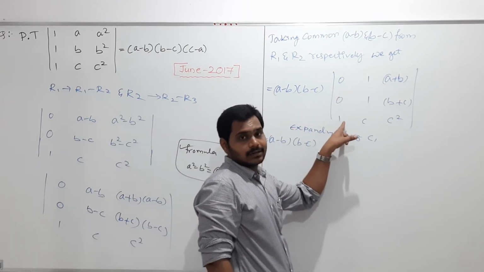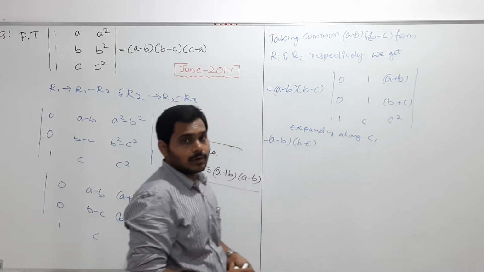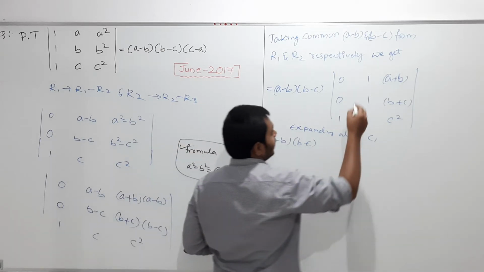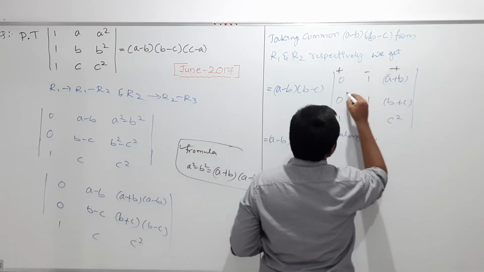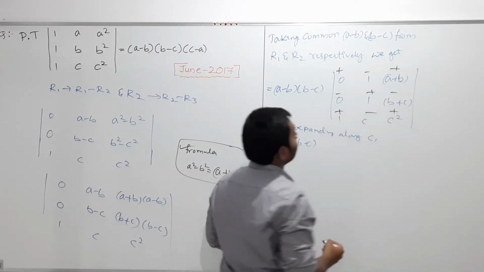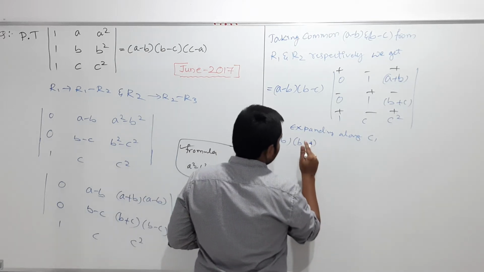Only I should calculate this part. So before expanding along column 1, we should first change the sign: plus, minus, plus, minus, plus, minus, plus, minus, plus. Clear? So now expanding here, I will get.